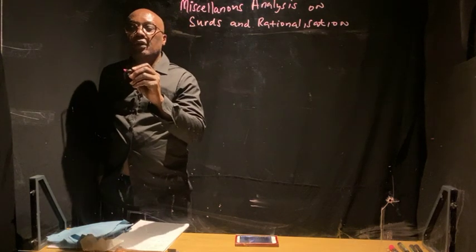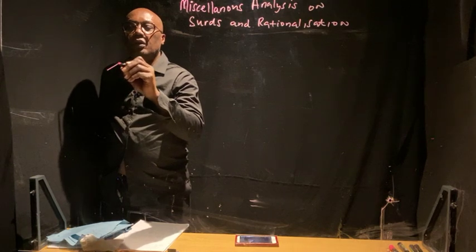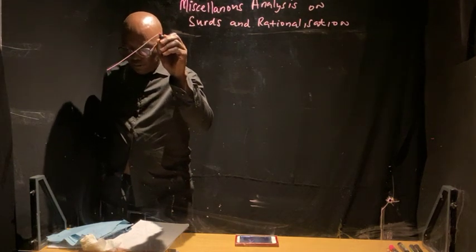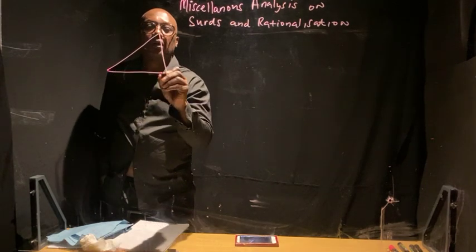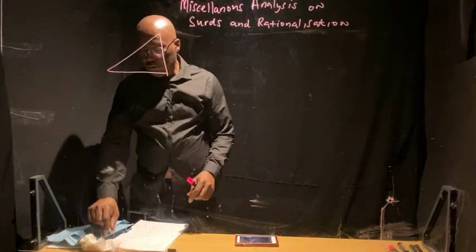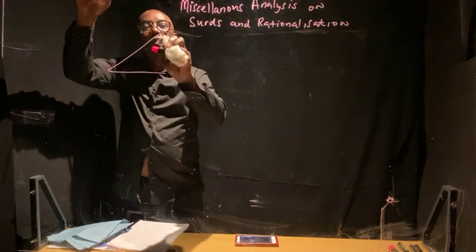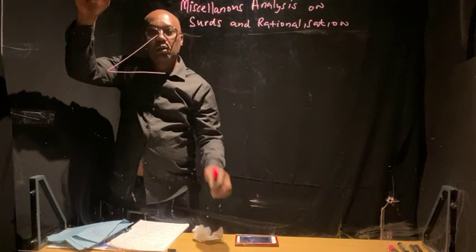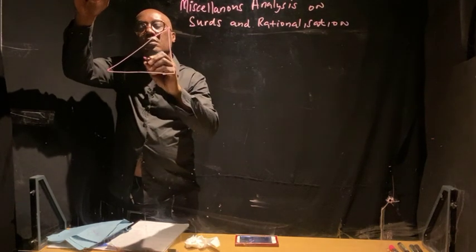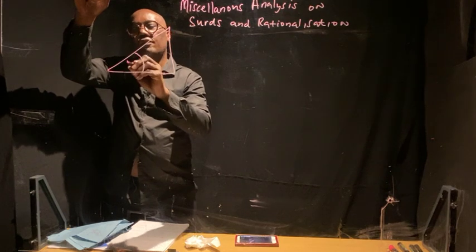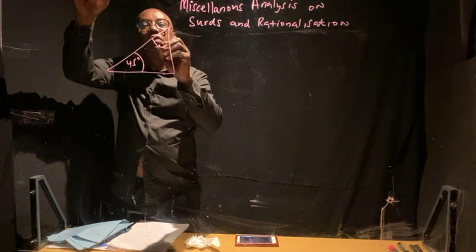Okay, you still have the same right angle triangle that looks like this. Let me draw it properly. And this is equal to 45 degrees. And this is equal to 45 degrees.